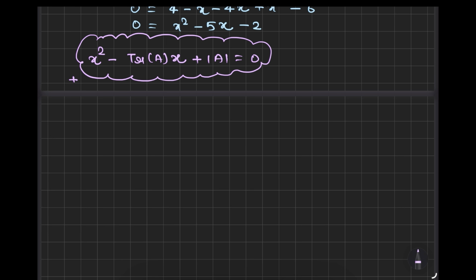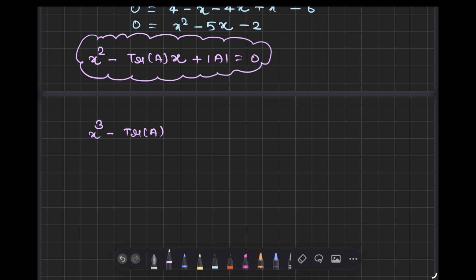The signs go plus, minus, plus, minus, plus, minus. This way you will grow. First thing is trace, second thing is determinant. Now look at the cubic polynomial. So x cube, so plus is done, now minus. Here you have to write trace of A.